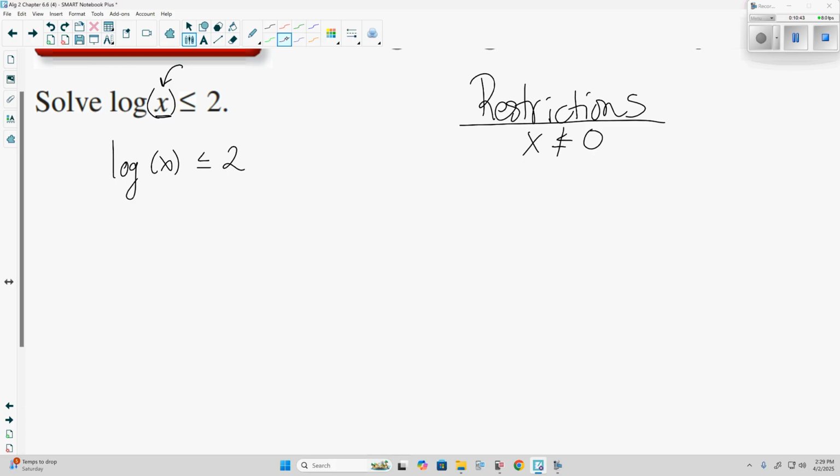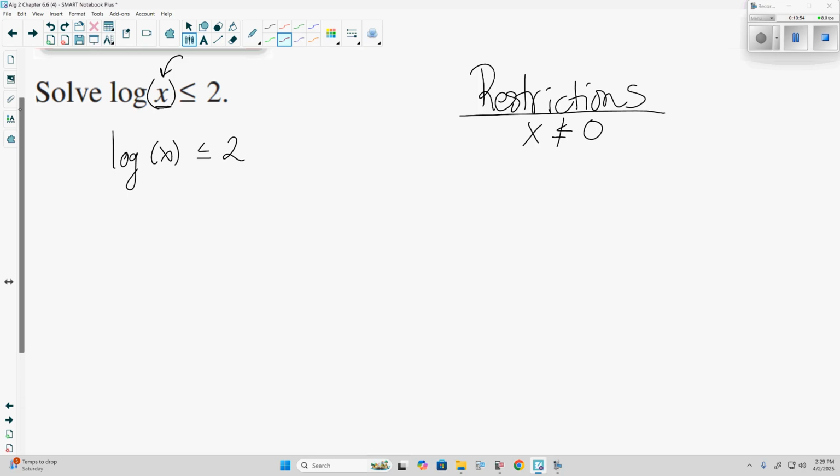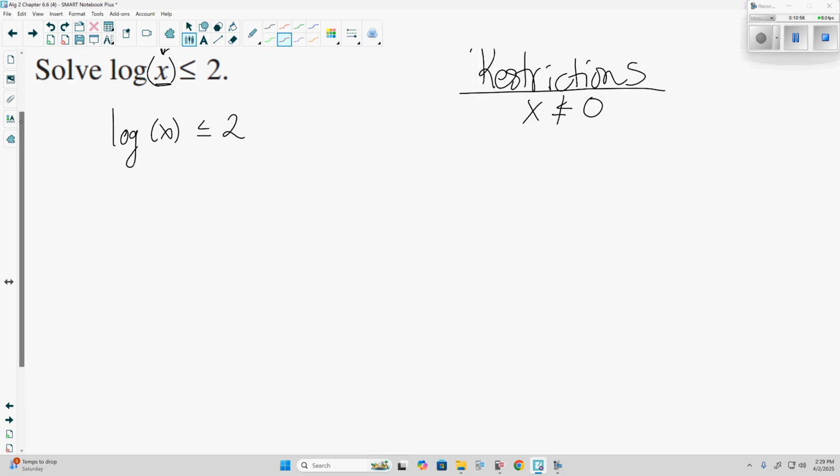Now the restrictions may or may not come back into play. We just put them there so we know what they are. And if they are a part of the solution, we remove them. So the base, I think is what you're asking? If the base is not written, it's understood to be 10. So we put both sides to the base of 10.